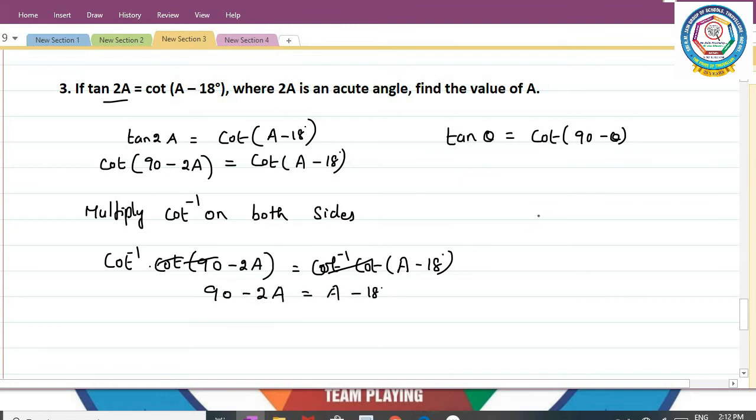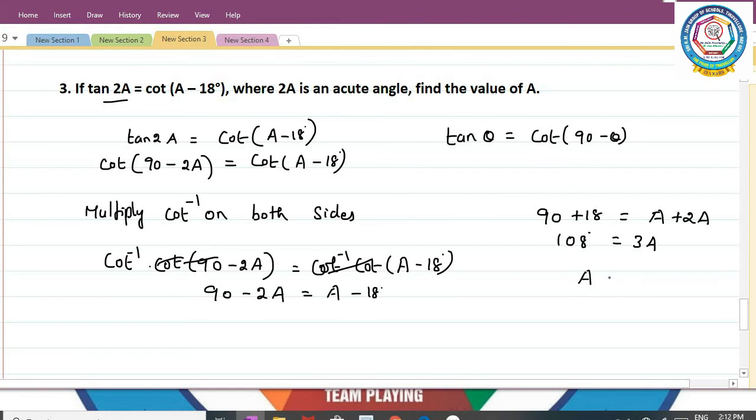So I am collecting the terms: 90, minus 18 comes that side plus 18, equal to a is already there. Here minus 2a comes that side plus 2a. 90 plus 18, that is 108, equal to a plus 2a, 3a.